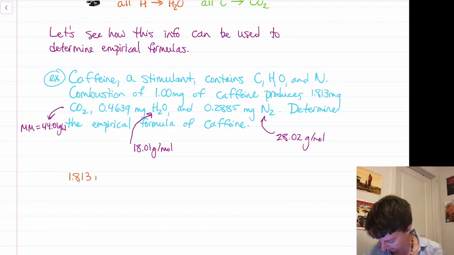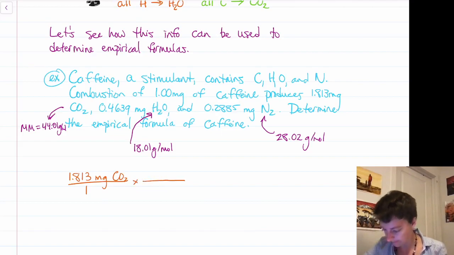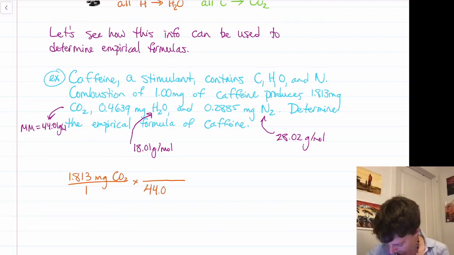which ends up being 1.813 milligrams over 1, to start off with, we can convert that to moles by using our grams to mole conversion. So it's 44.01 grams of CO2 per 1 mole of CO2.